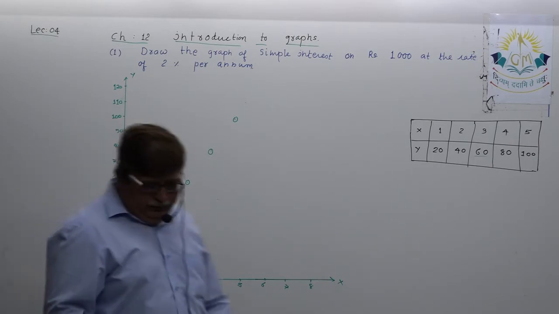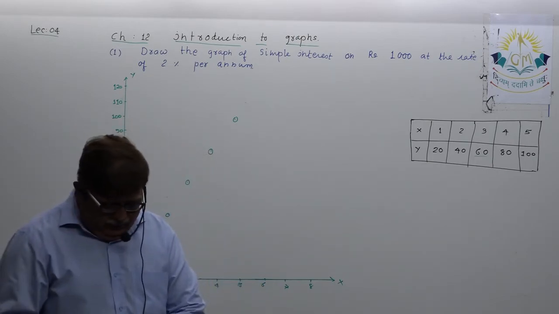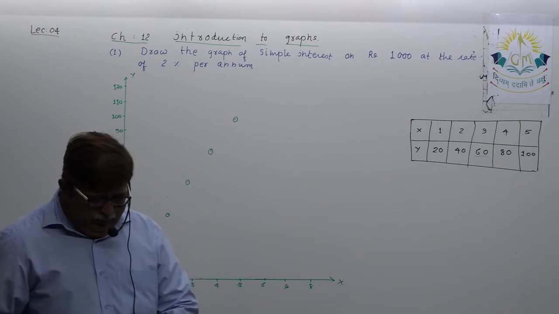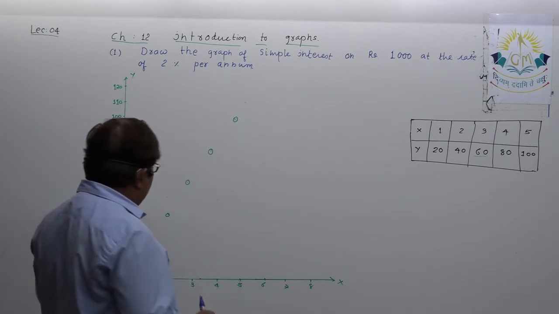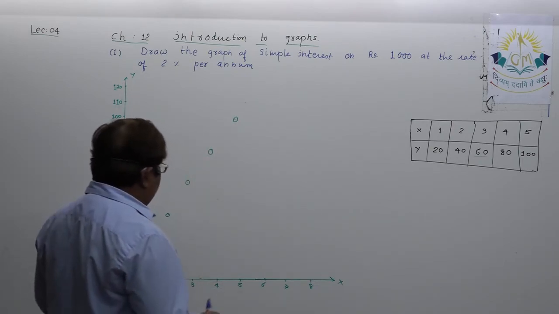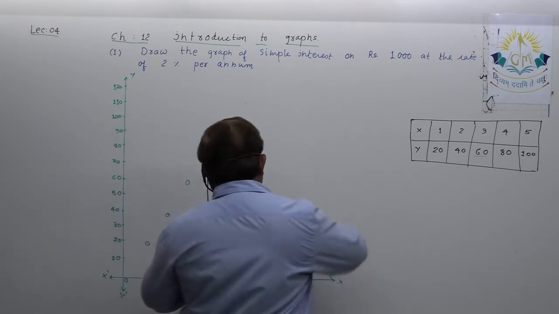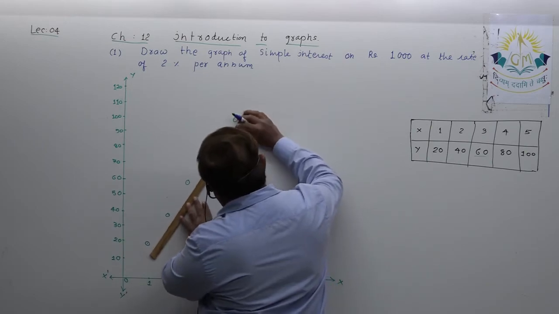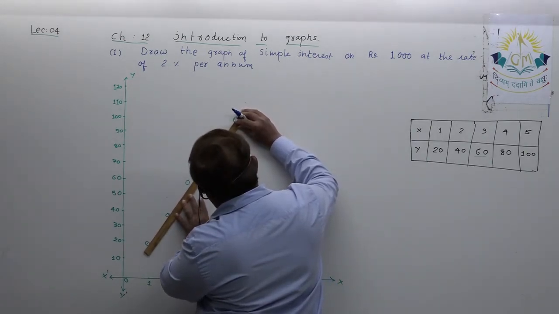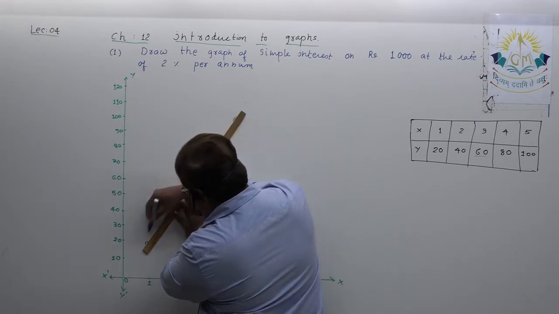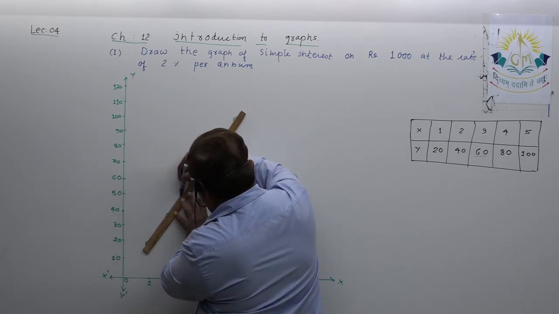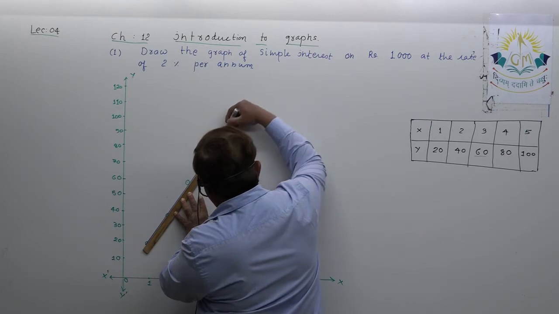And now, dear student, after getting these 5 points, draw a simple graph passing through all these points. I may have to check whether they are in line, because we are just making the graph arbitrarily. There may be some difficulty you are facing, no problem.